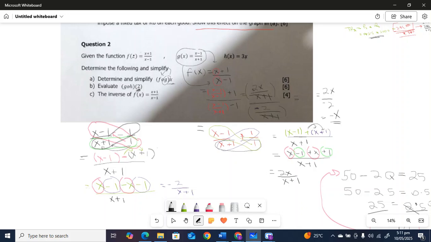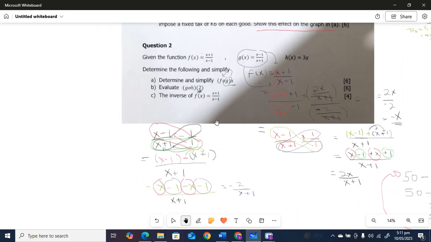So when there's an x at the end here, once you've got your compound function, you end there. But when you have a number at the end here, what it means is after you get your compound function, then you substitute that value for x so that you simplify further. Okay? So let me just illustrate that.